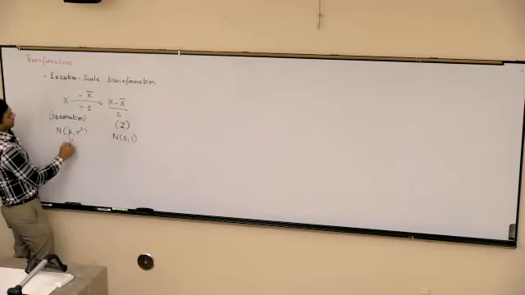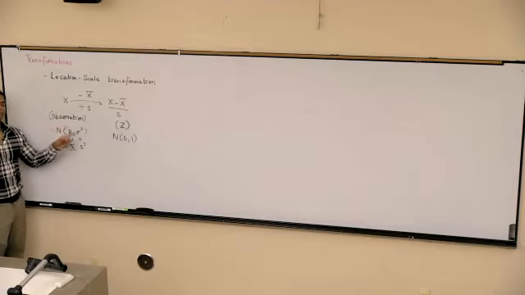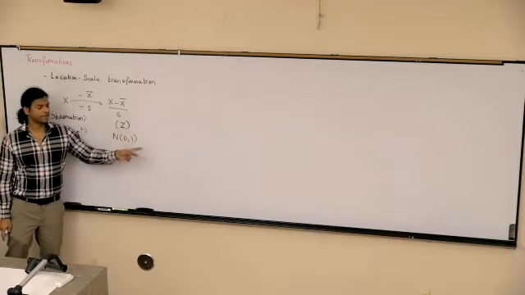Probably called mean equals X bar and variance equals S squared. Bad notation, but just to get the point across. So a transformation would simply convert one distribution to another.